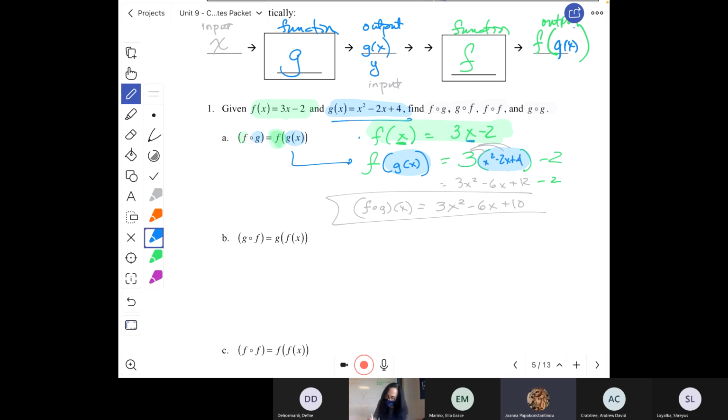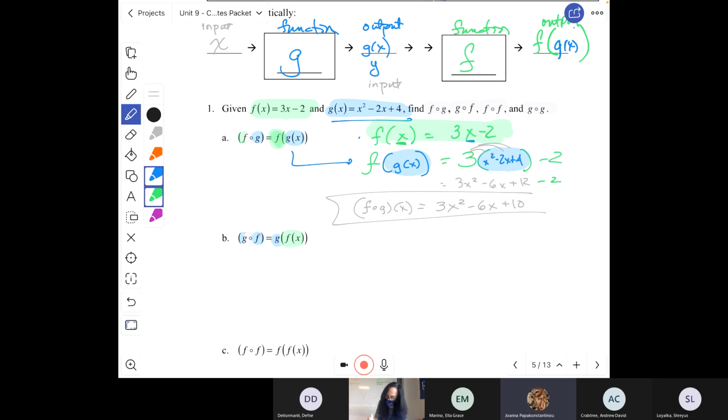Now, let's go the other way. Since I said order matters, let's see if that's necessarily the case. G is now composed with f. So the big outside function is g, and I'm feeding into g, as the domain values, f of x.